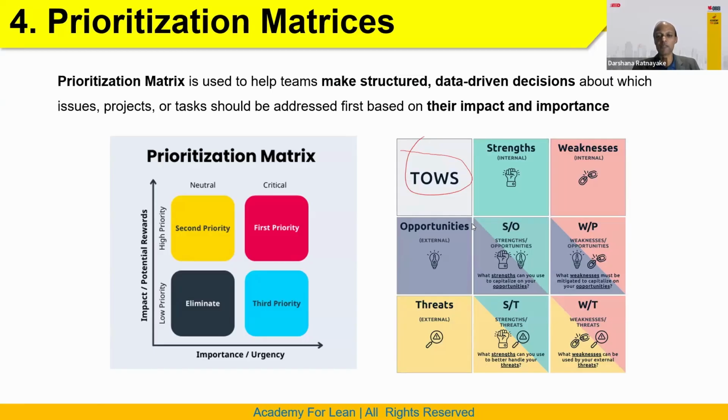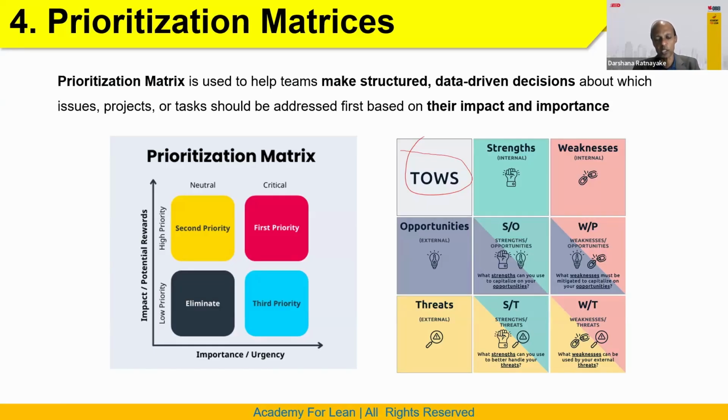Now, the SWOT matrix we use to identify strengths, weaknesses, opportunities, and threats. The TOWS matrix we use to identify the relationship of each and every one of these strengths, weaknesses, opportunities, and threats. So we use TOWS to prioritize the relationship. That is the difference between SWOT and TOWS.